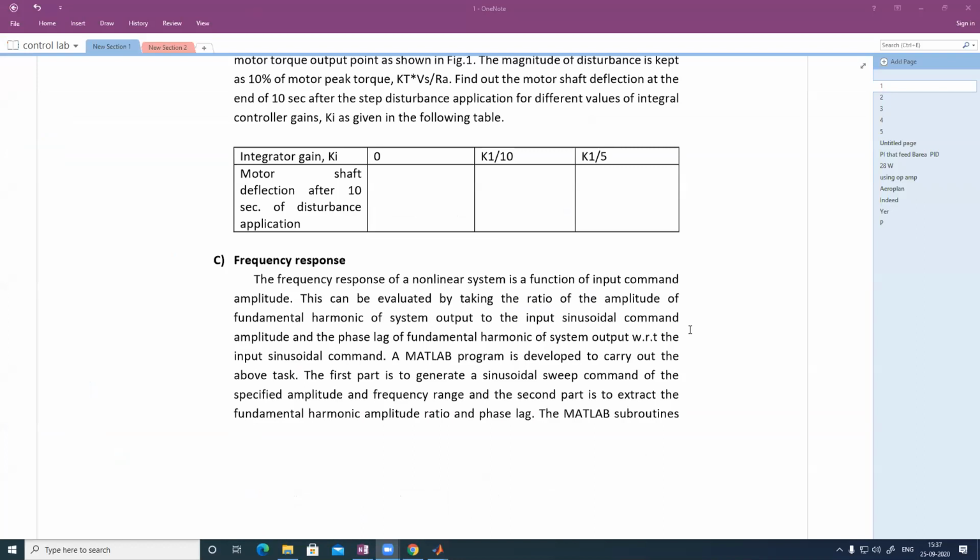The frequency response of a linear system: when you are applying a sine wave to a linear time-invariant system, the amplitude doesn't matter. Only the frequency matters for a linear system. Whether you give 1 watt or 100 watt, the response will be almost the same. That is an LTI system.